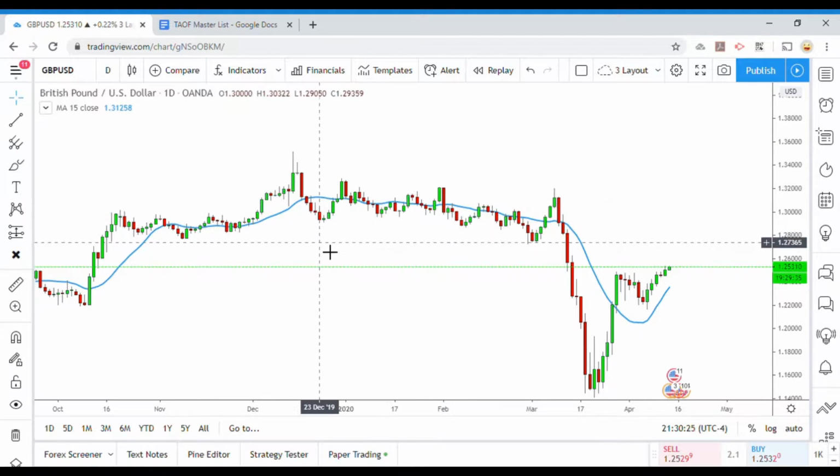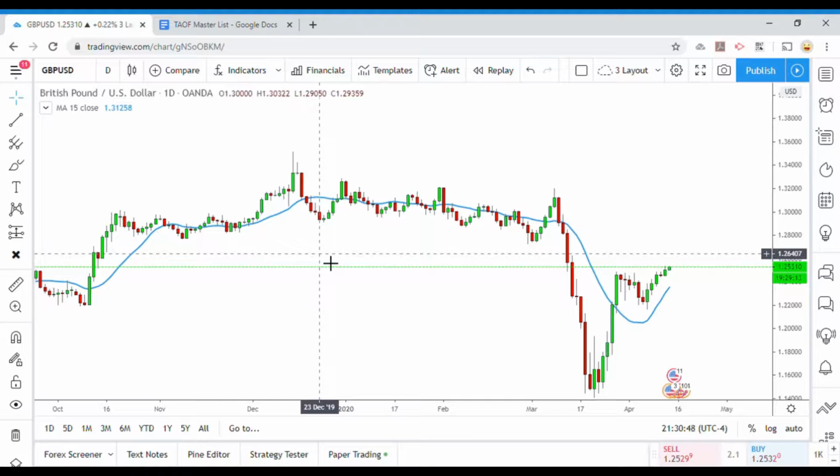Of course, you can add longer moving averages in to determine overall trends, and so on and so on. I mean, there's tons of different ways you can use moving averages. And if you do a quick Google search on it, you will find many ways.